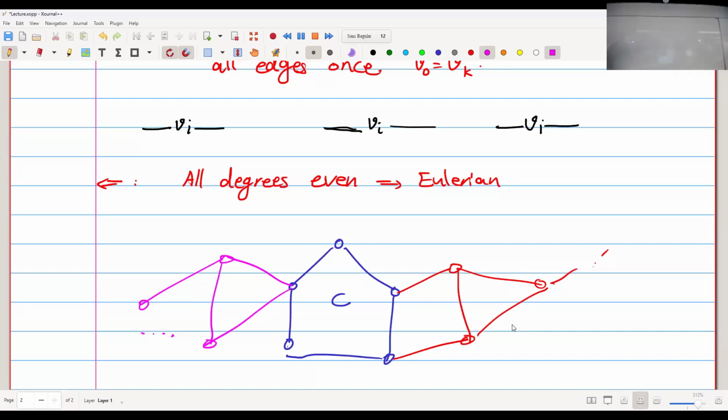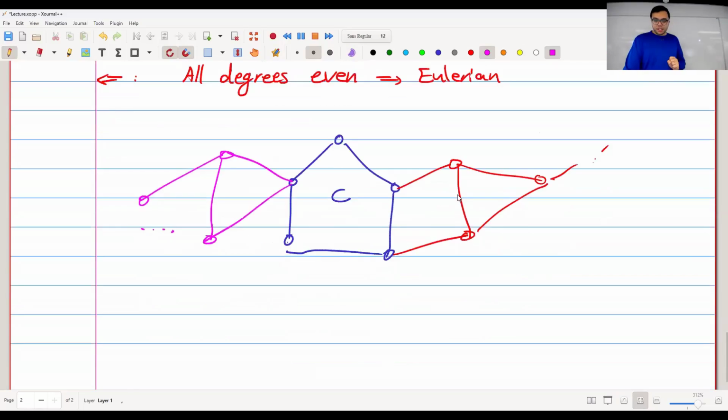Okay, great. So now my situation is like this. I have a bunch of connected components, maybe again more than one, and each one of them is Eulerian, and they're also kind of connected to each other by this cycle C. And I want to say that my whole graph is Eulerian.